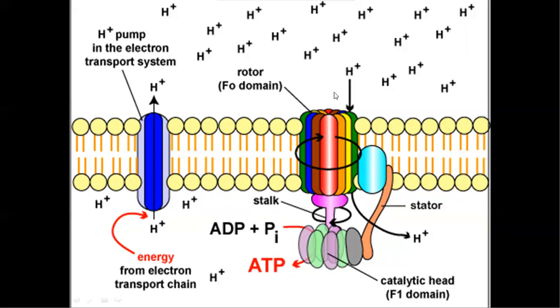If H plus ions are not coming inside, there is no formation of ATP. It mainly depends upon the number of H plus ions entering into the matrix region. So this is about the chemiosmotic theory, which explains the oxidative phosphorylation process.